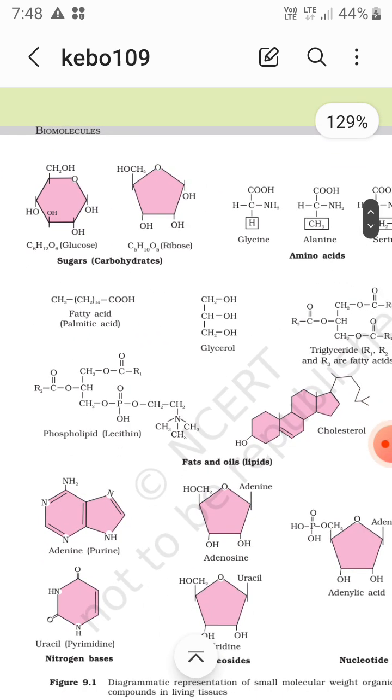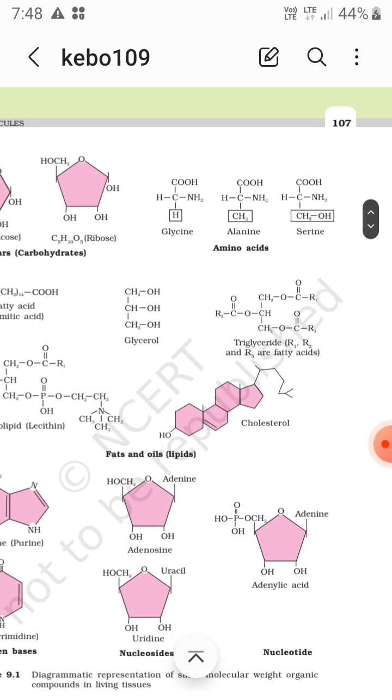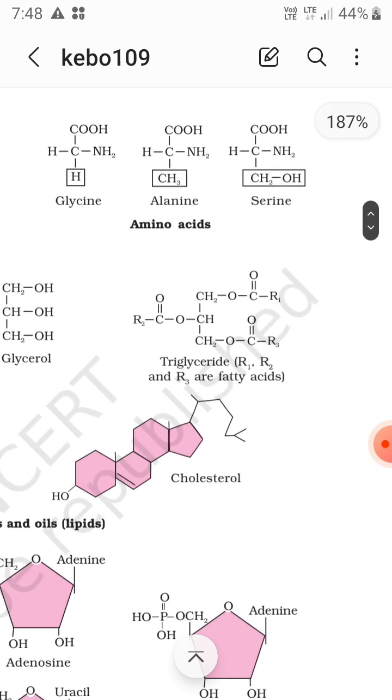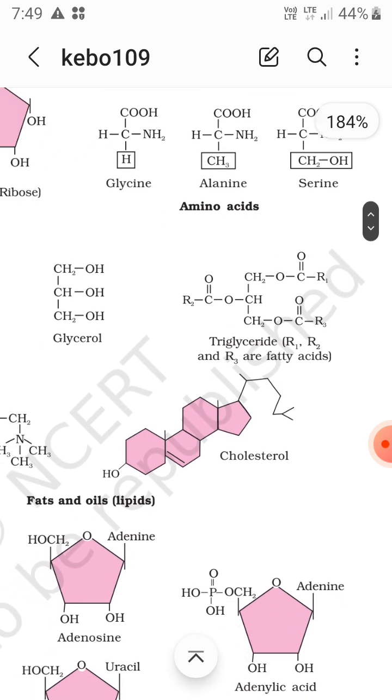Now fatty acid, that is palmitic acid, including 16 carbon atoms, then glycerol, then triglyceride. You can see R1, R2 and R3. R1, R2 and R3 are fatty acids, and in the middle is the glycerol.